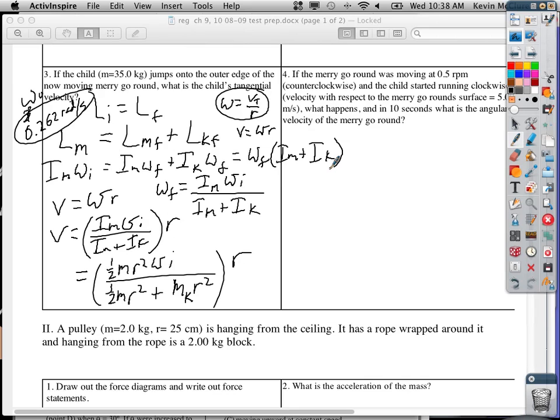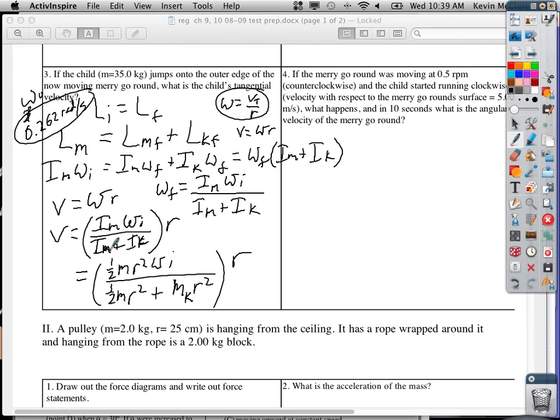And then I just divided Im omega initial by that. Yeah, that's supposed to be omega. And underneath is just Im plus Ik, I of the merry-go-round plus I of the kid.